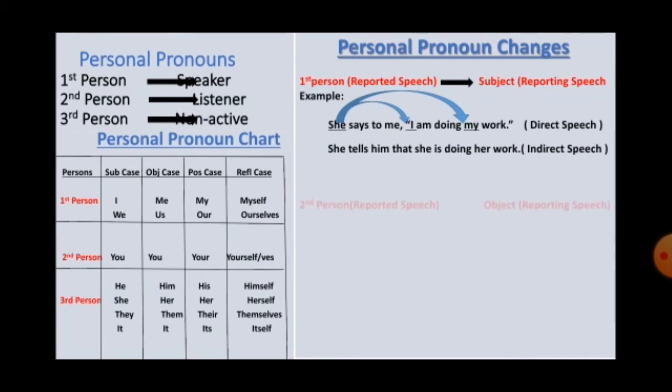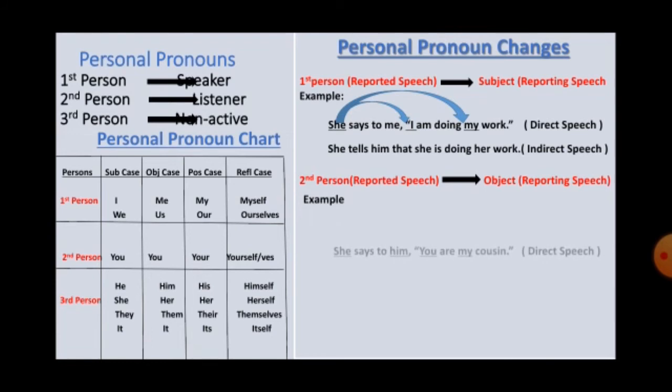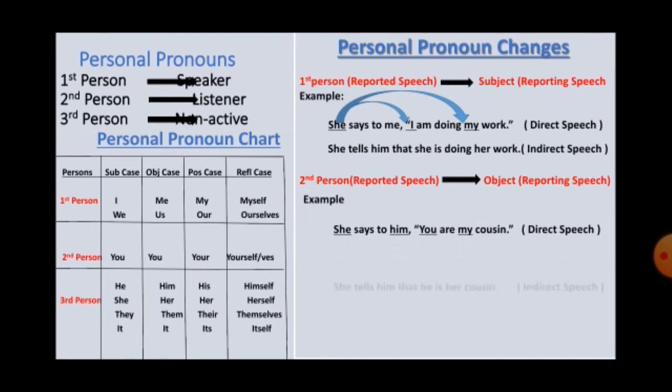Okay students, now look at the second example. What is second person? When the person is the listener, that is second person, and second person is changed according to the object. For example, she says to him, "You are my cousin." So "you are my cousin" is reported speech, and if we have second person in reported speech, second person is changed according to the object of that person.